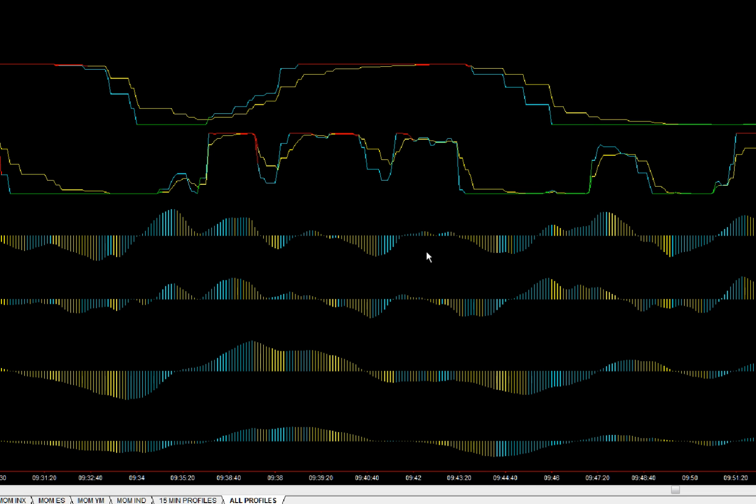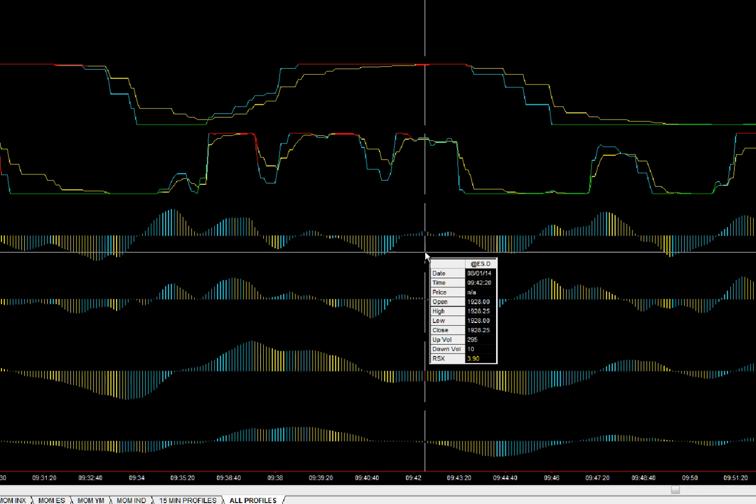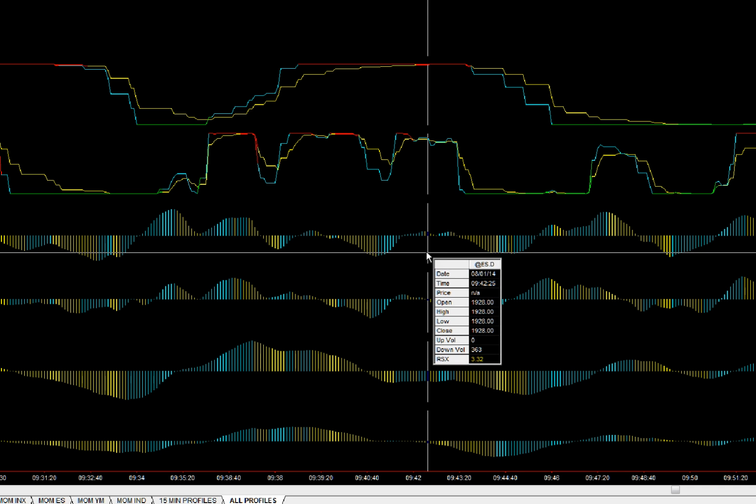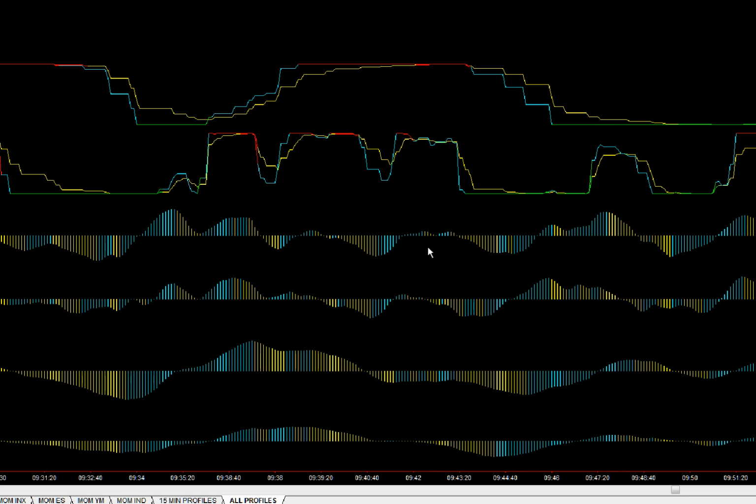That doesn't always happen. And sometimes when that does not occur, it's even more clear that the market's going to shift. But usually we want this above the 0 line. So here's what we've got. Right at this moment here, all three of our indicators are beginning to slope down. Okay?